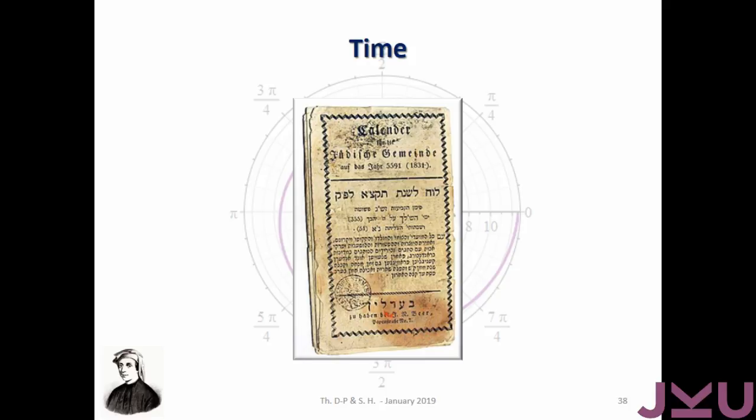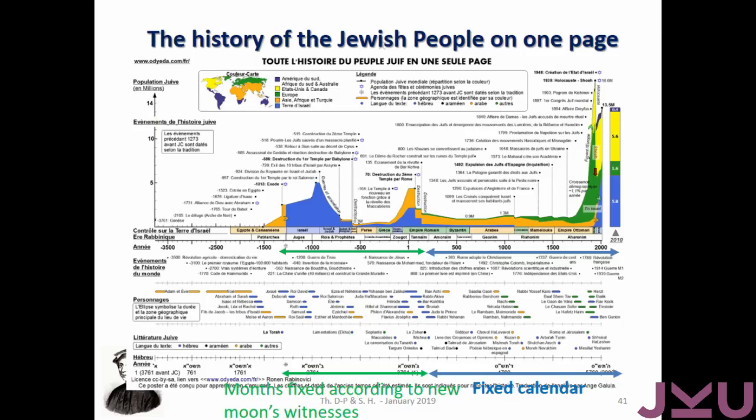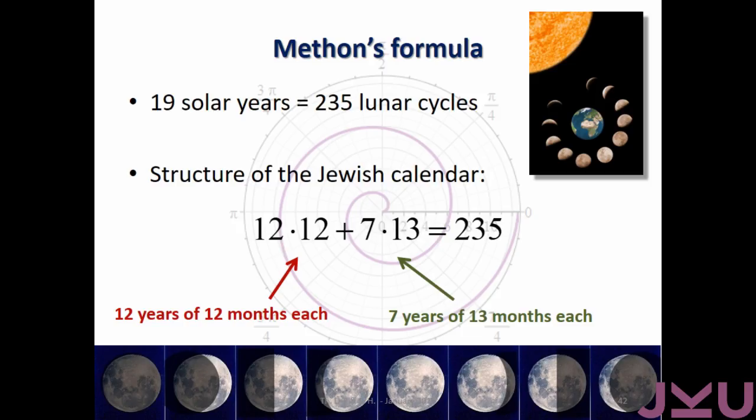The Muslim calendar is totally lunar. So the month is meaningful, the year meaningless. It's arbitrary, 12 months, so there is a difference of 11 days. So in order to have both features, you have to use a lunisolar calendar. The Hebrew calendar is lunisolar, and it has cycles based on what is now called Meton's formula.